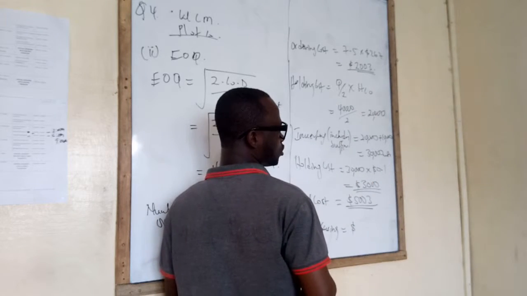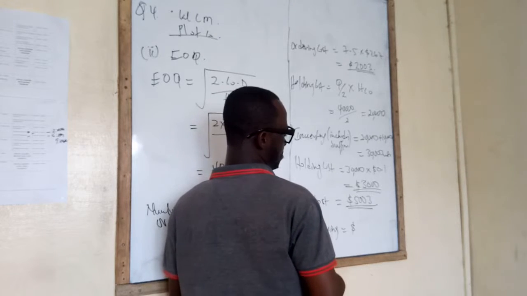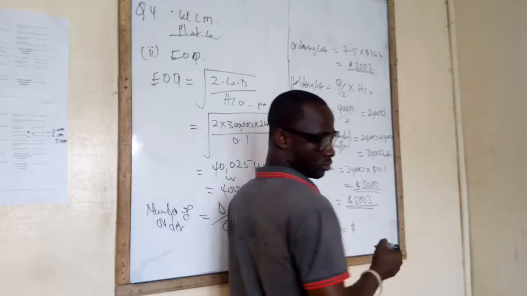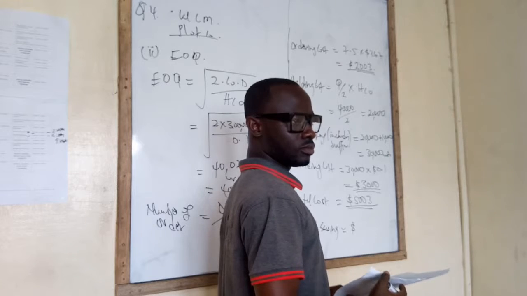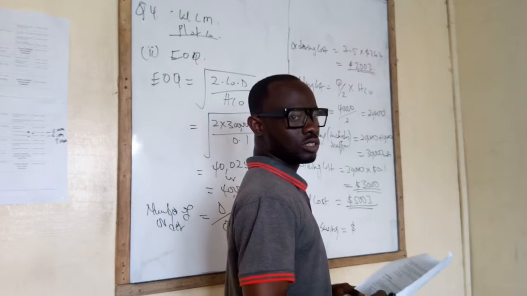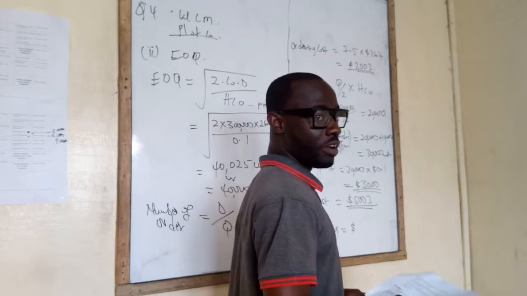The first one we did, the I. Under the I, what was our total cost? We had 3,204.